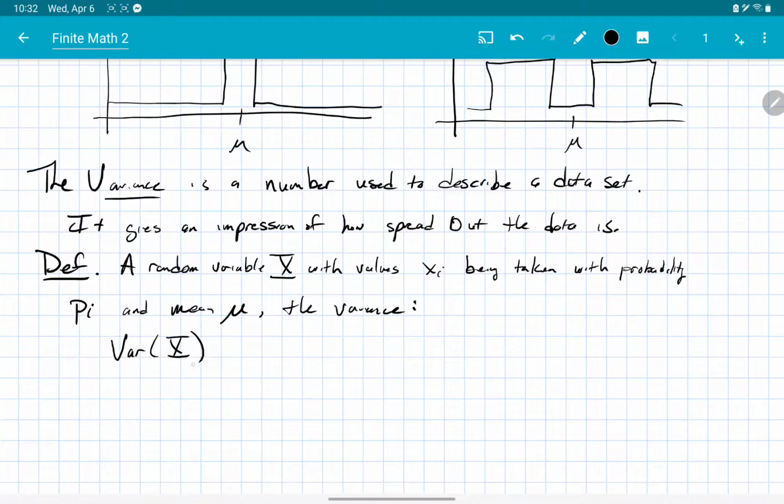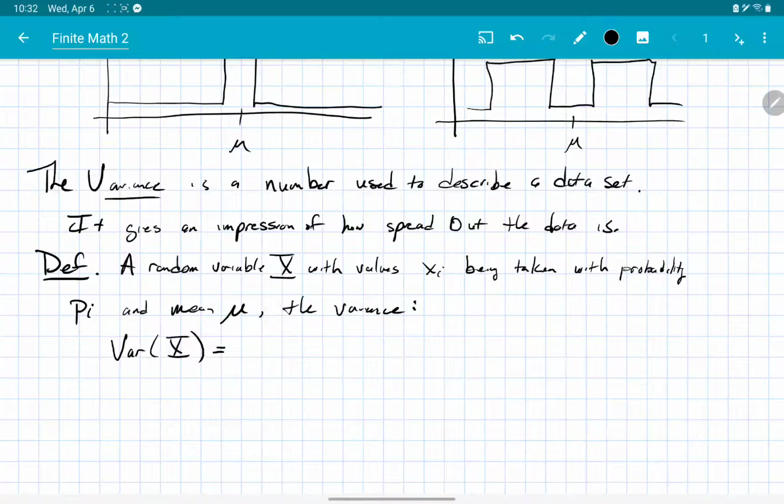I'll give you a second to catch up with me because this formula is a little bit complicated. Okay, so the values that can be taken are xi, and the mean is mu. And x takes on value xi with probability pi, and so on and so forth for each of the xi's.